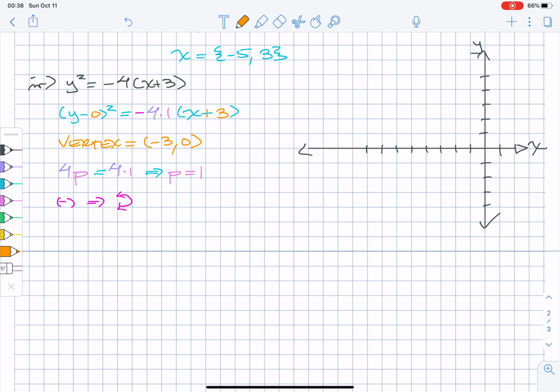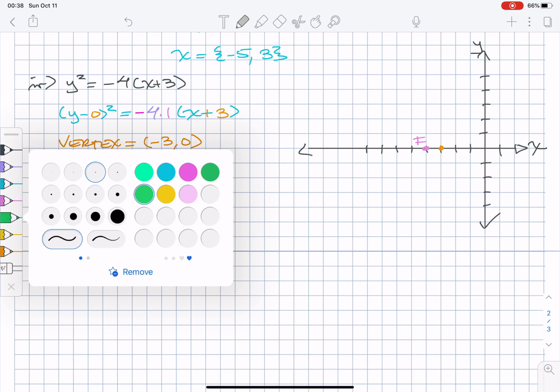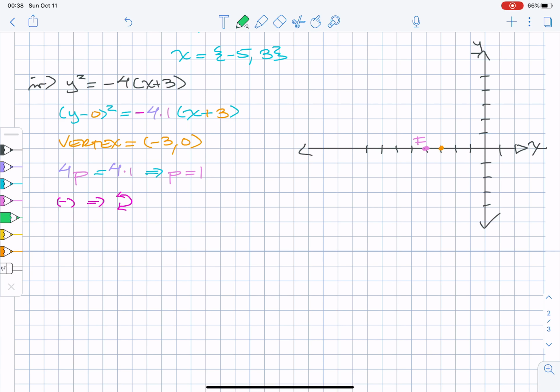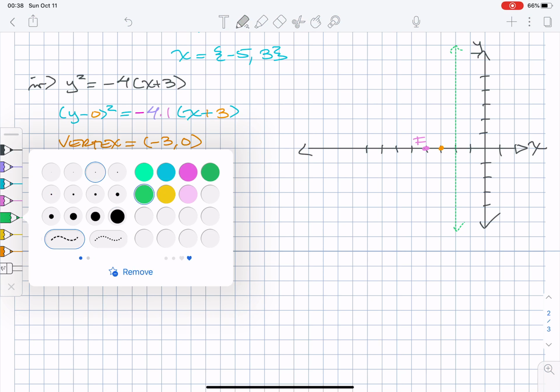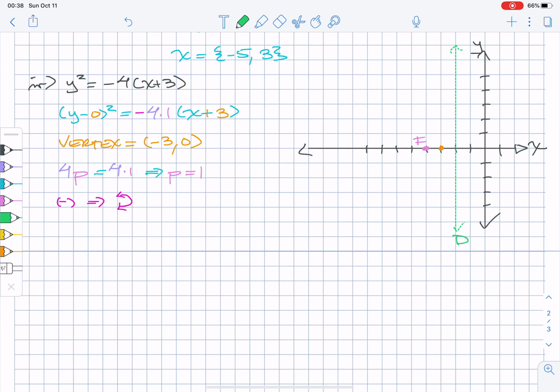So my vertex is at negative 3, 0. I know I'm opening to the left. I know my focus will be 1 away towards where the parabola opens, and my directrix will be in the opposite direction from whence I come. So what we get is something that looks like, let's see if I can do this.